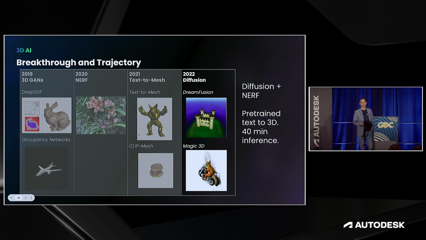And with that, you could already create anything you want, even with very detailed text prompts, like you used to do in images. But inference, the time it takes from input to output, takes about 40 minutes. It's a long time to wait.